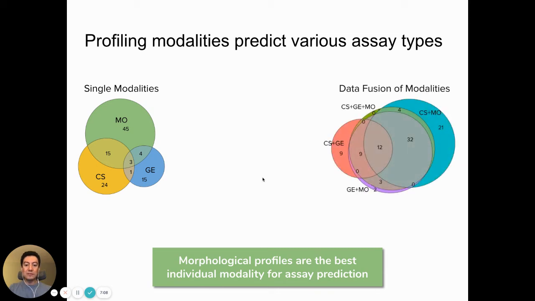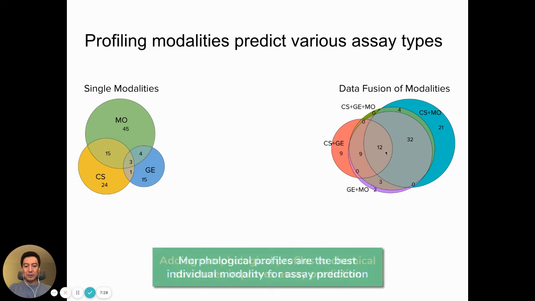We combined the profiling modalities and found that it is possible to integrate their strengths. Here we show the assays predicted in common by all four combinations of profiling modalities using late data fusion.